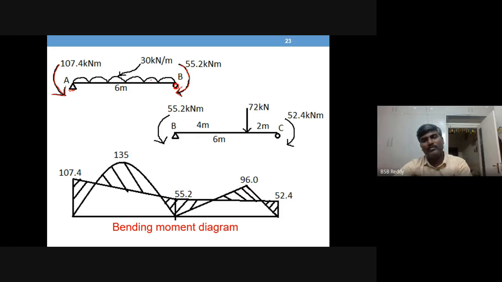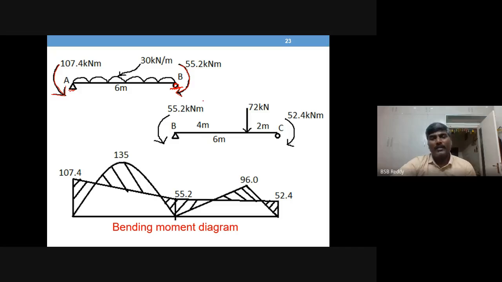Because it is a beam, whether you keep a hinge or a roller doesn't matter. Just for our conventional notation, a simply supported beam should have a hinge and a roller, so we are showing a roller here. Otherwise there is not much difference theoretically.